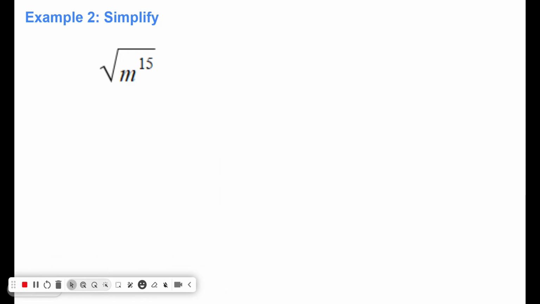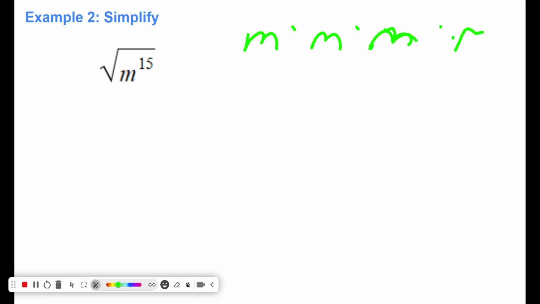Let's look at another example. Example 2. Simplify the square root of m to the 15th power. All right, that's an odd number, but that's all right. We know that m to the 15th power is m times m times m times m times m, all those things. But we also know that the square root of m to the 14th power is being multiplied by m.